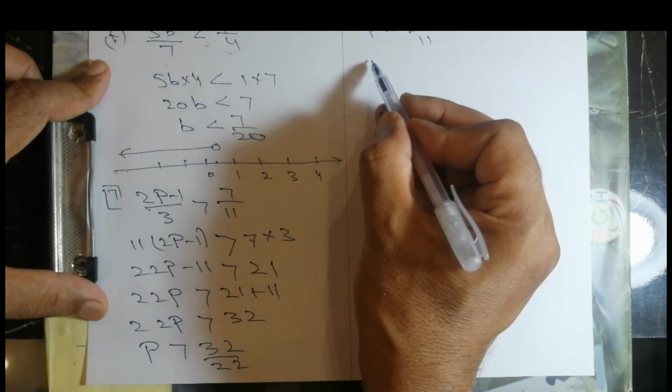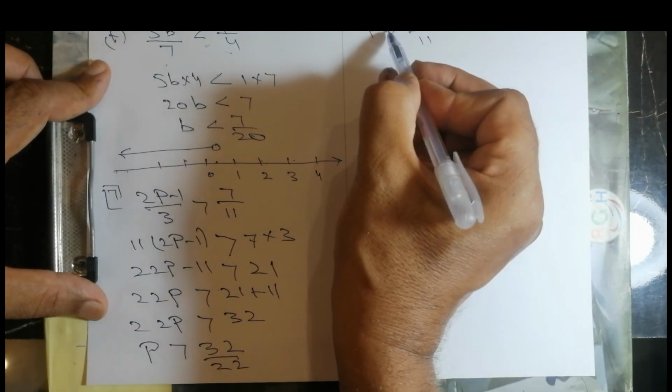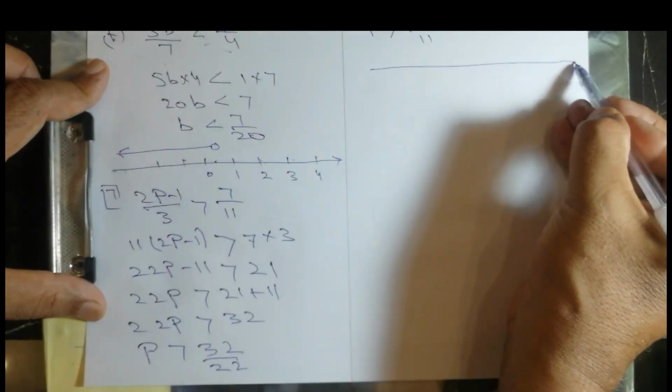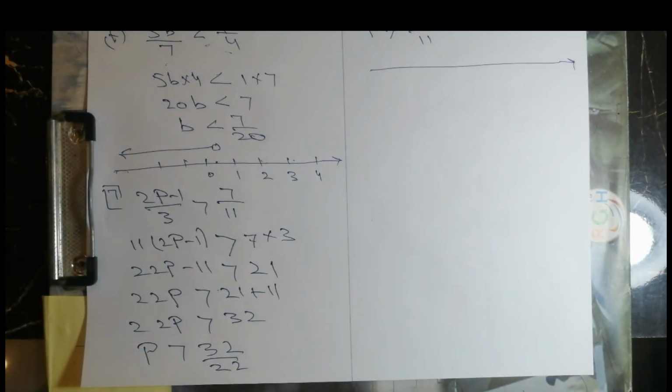So on the number line, p should be greater than 16 by 11.